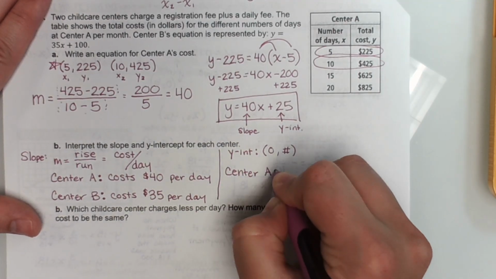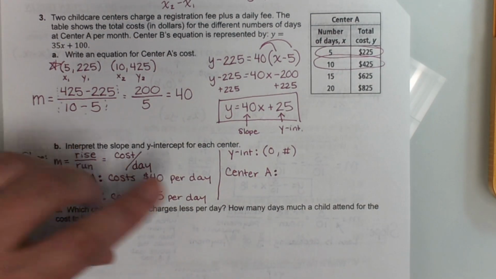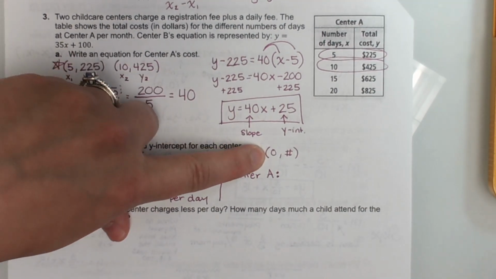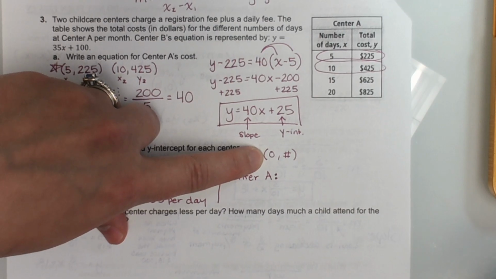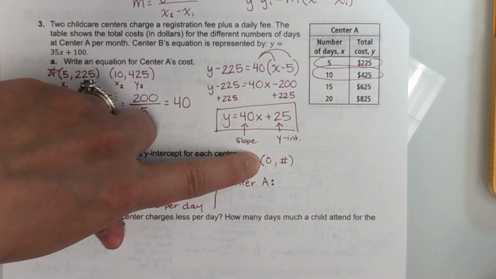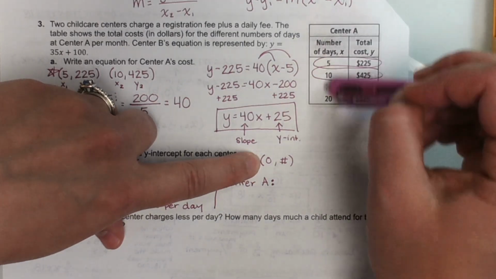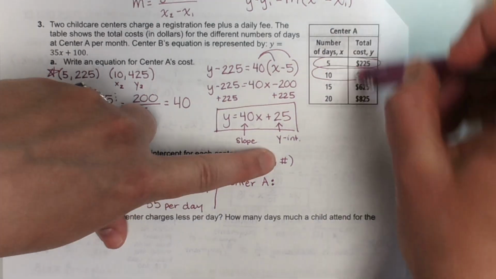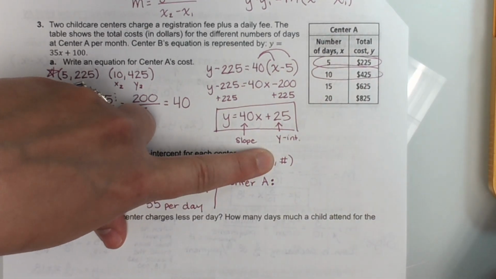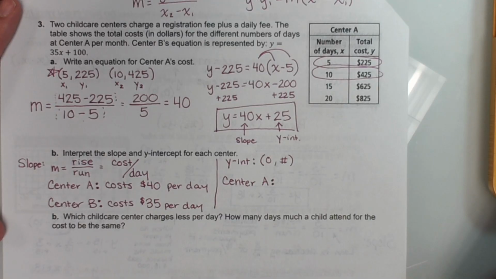So for center A, we're saying the x value is 0. What's the x value represent? What's the units on the x values? Number of days. So when the kid goes to daycare 0 days, how much does center A charge you? $25.